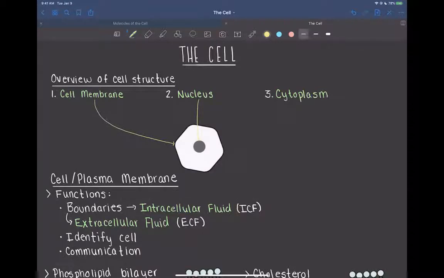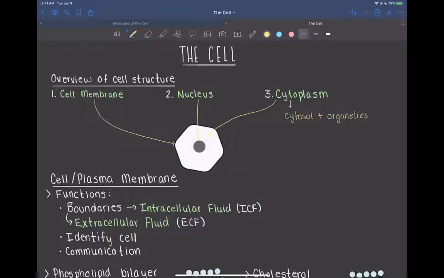And then we have the cytoplasm, which would be this tannish white area all around the nucleus. The cytoplasm consists of the cytosol, which is like the jelly goo that makes up the inside of the cell, and all of the organelles that are suspended in it.